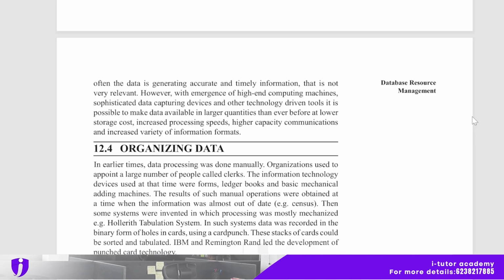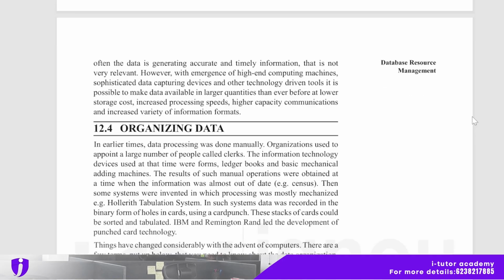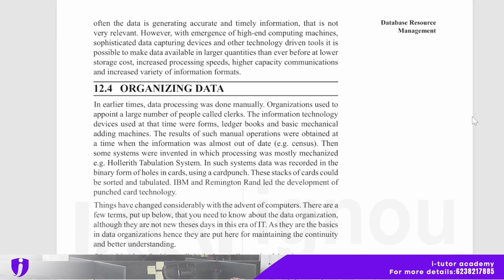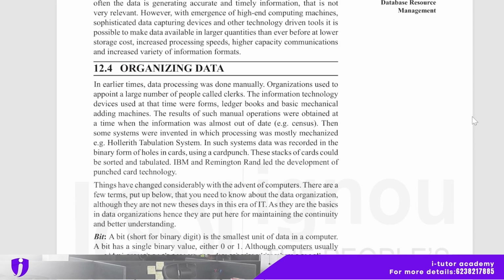Then some systems were invented in which processing was mostly mechanized, for example the Hollerith tabulation system. In such a system, data was recorded in the binary form of holes in cards using a card punch. This stack of cards could be sorted and tabulated, and so on.